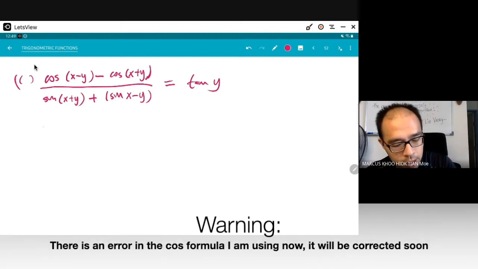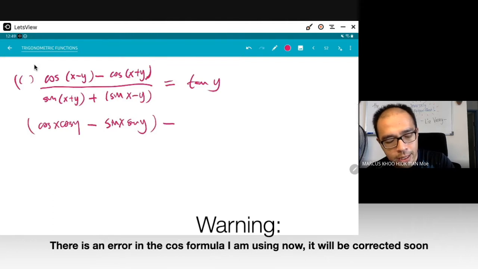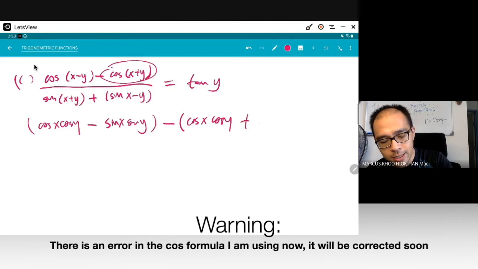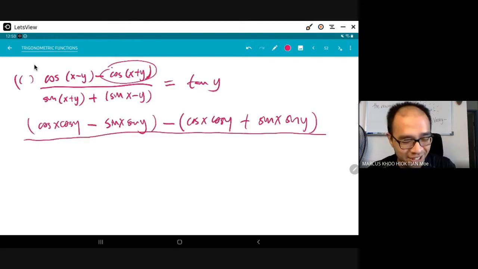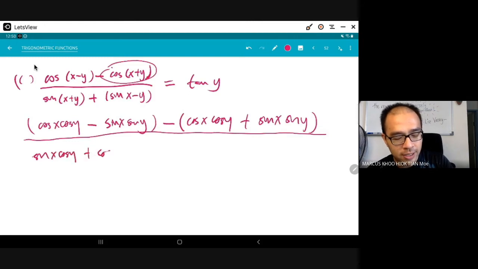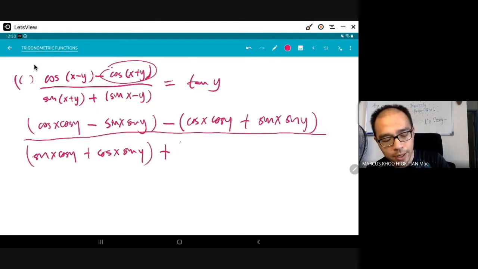What you're going to get is cos x cos y minus sine x sine y, minus, then we have this set: cos x cos y plus sine x sine y, over sine x cos y plus cos x sine y, plus sine x cos y minus cos x sine y.